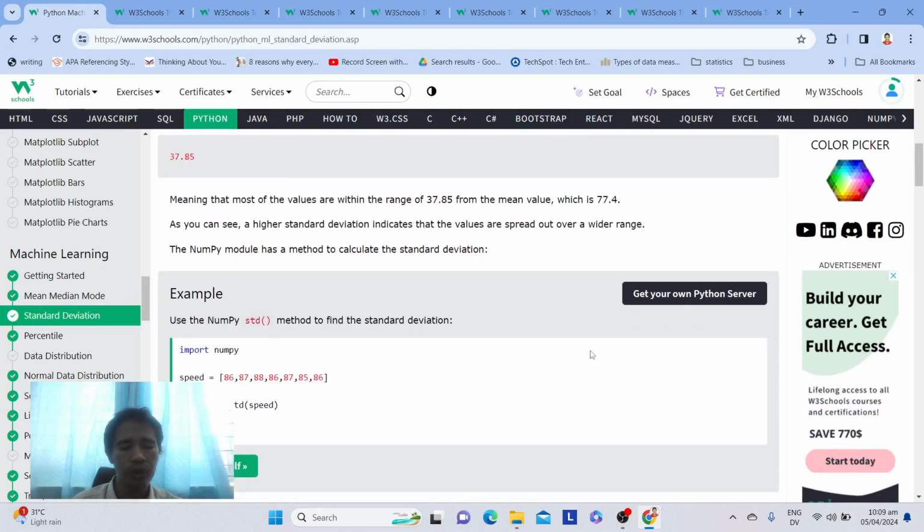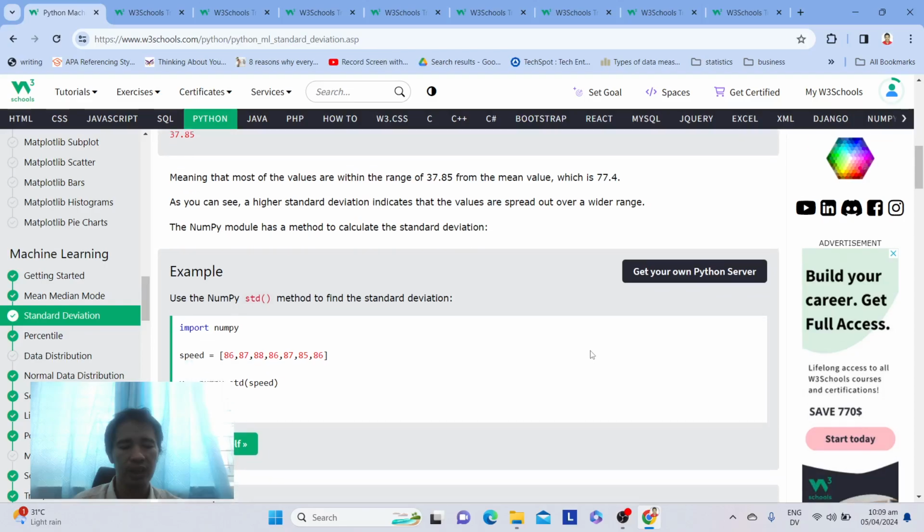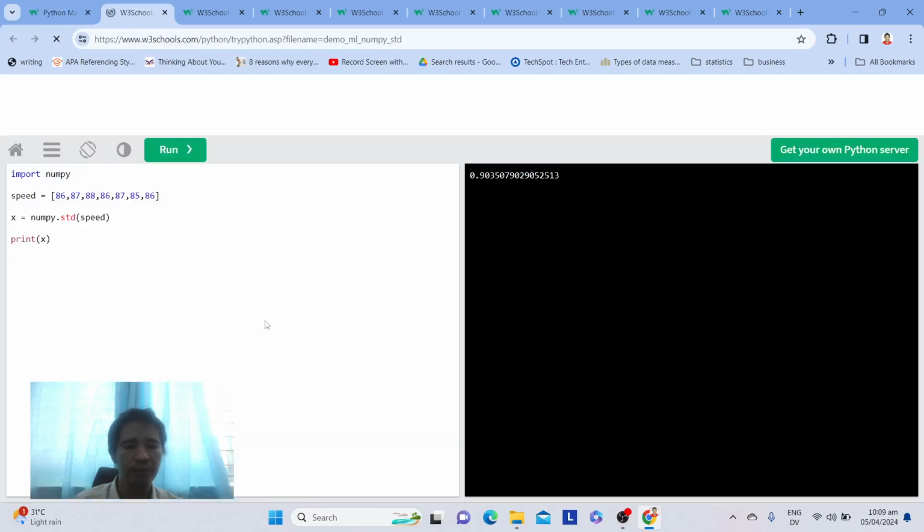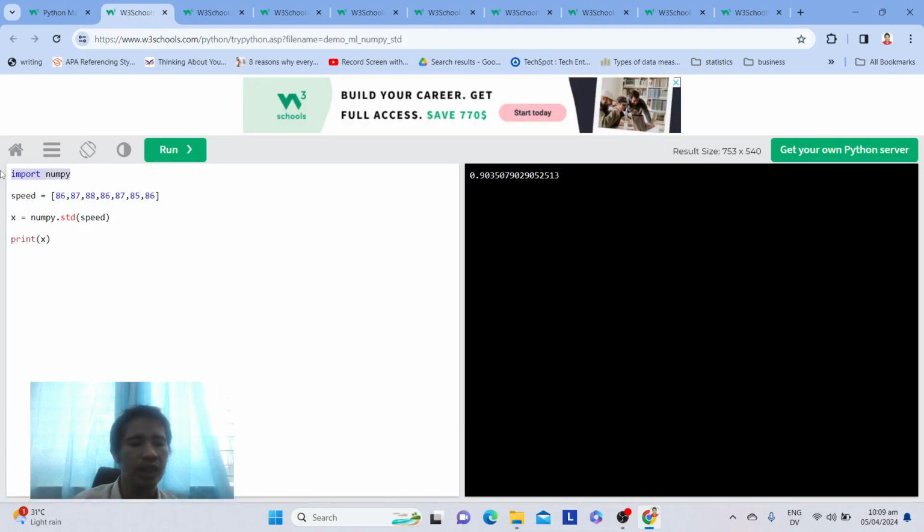We use the NumPy module to get the standard deviation of our speeds. You just click here, and this is the code. We import NumPy, which we already know from our previous videos, and we have the different speeds right here. To compute the standard deviation, you use this.